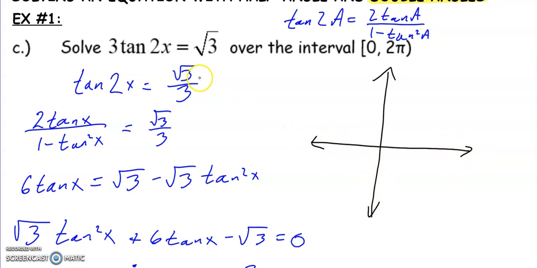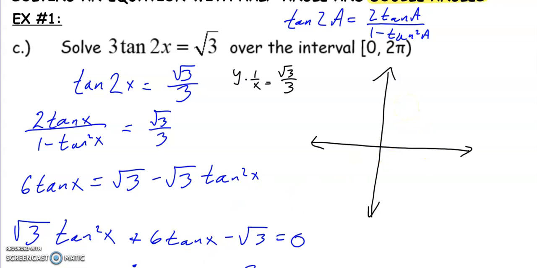So where is tangent radical 3 over 3? You want to figure out, when I do y times the reciprocal of x, where do we get radical 3 over 3 on my unit circle? And that is at, oh my goodness, that was just not a good. Why don't we do this? Select it, delete it.